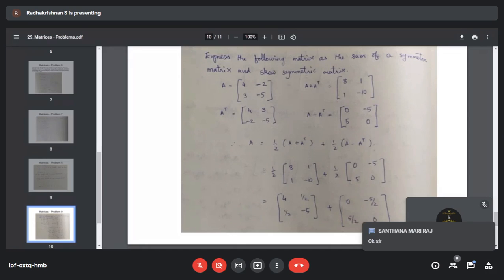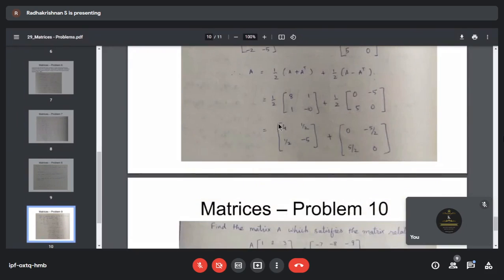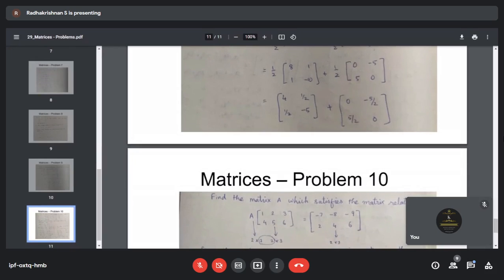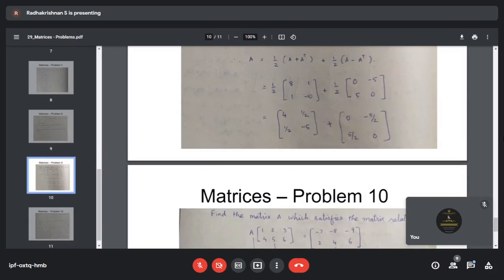Okay, so let's go to the last problem of the day. This is a little difficult. Okay, try it. Find the matrix A which satisfies the matrix relation A into [1, 2, 3; 4, 5, 6] is equal to [-7, -8, -9; 2, 4, 6].